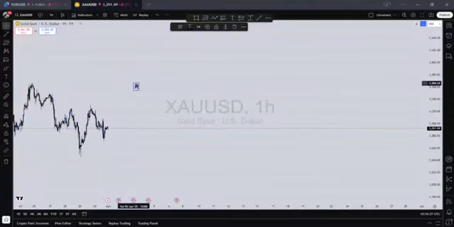Okay, so when I say POI, I mean point of interest. Here we can also call it area of value. That is where you are looking to buy or you are looking to sell.